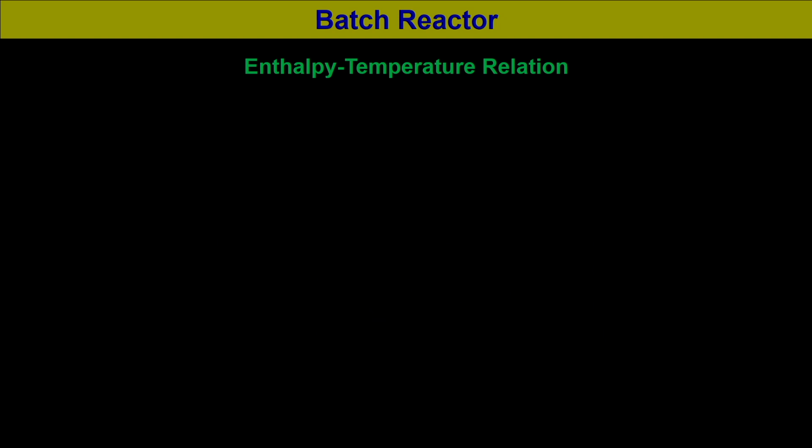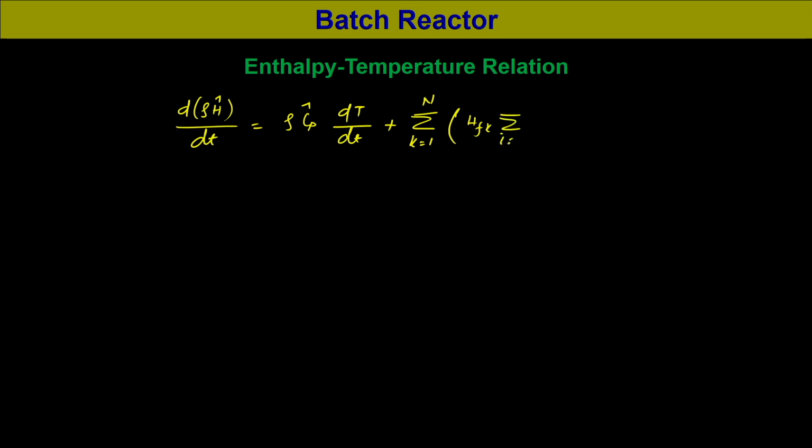Now, we have d rho h cap by dt is equal to rho Cp cap dT by dt plus summation over k is equal to 1 to n of h f k times summation over i is equal to 1 to m of alpha i k r i.